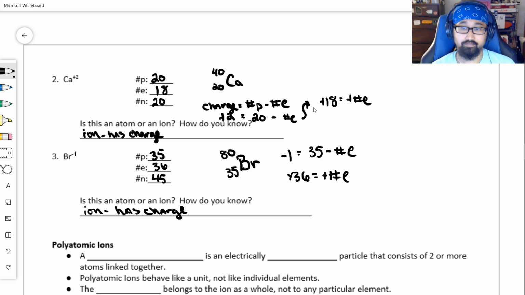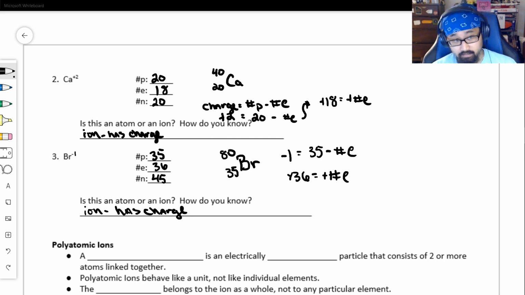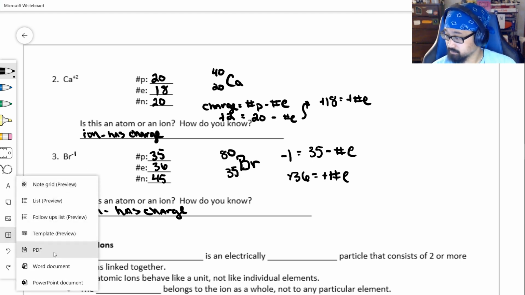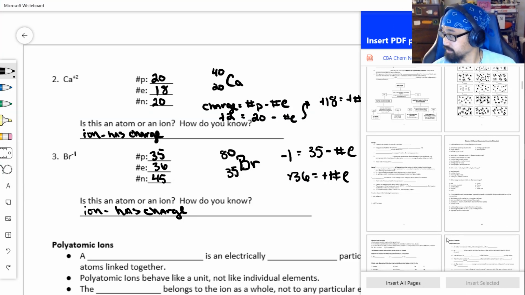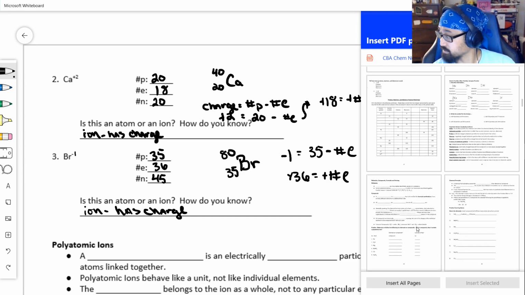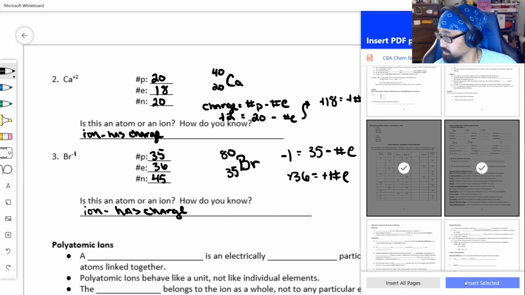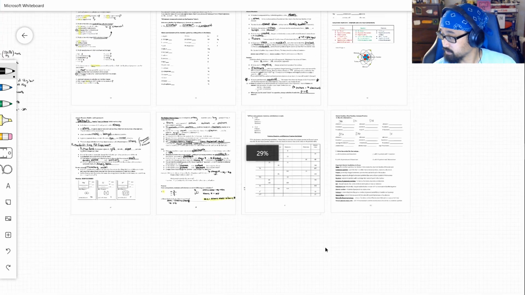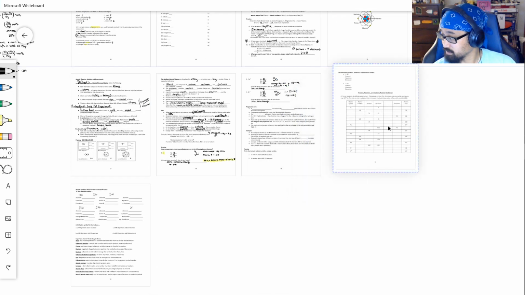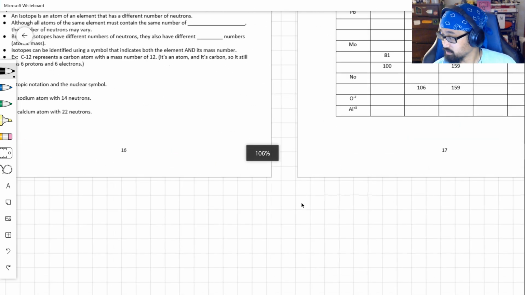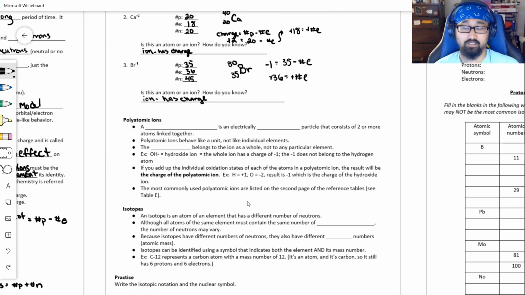Alright. Now, in between now and E-Day, on your remote day, I'd like you to do something. We're going to finish the rest of page 16 on E-Day.